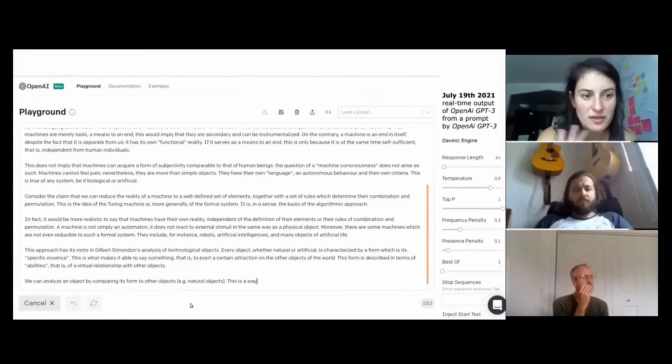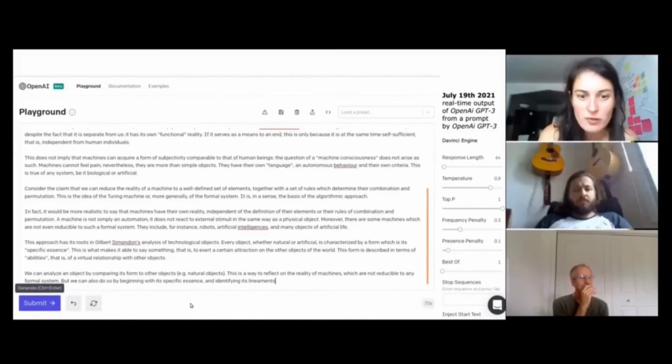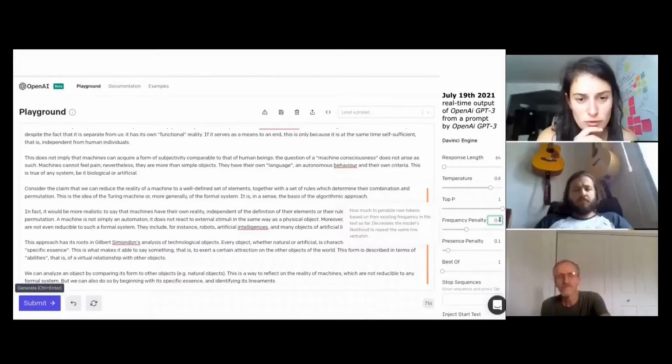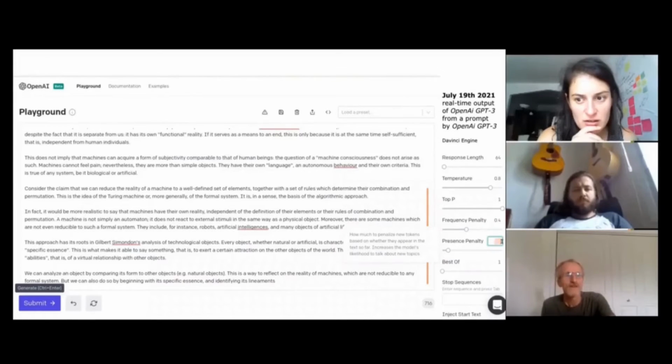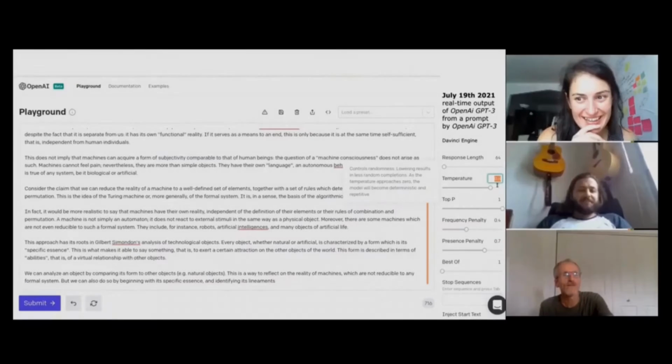And what you're seeing on the right are the parameters that we play with, such as the frequency penalty and presence penalty, which are parameters that work to either make certain words appear more frequently, or make the language model produce new subjects, to talk about new subjects.